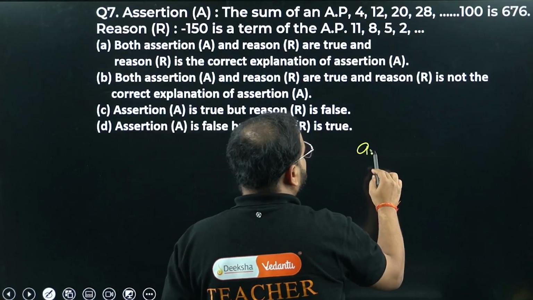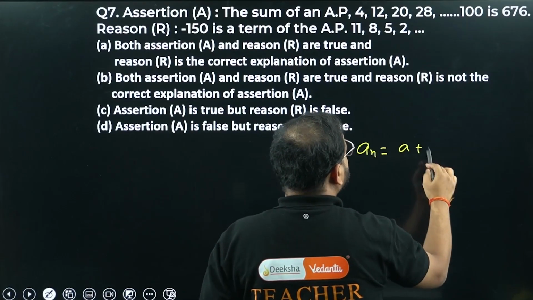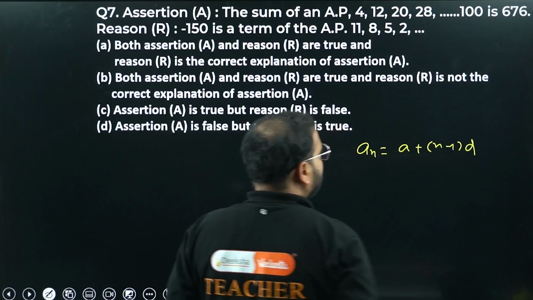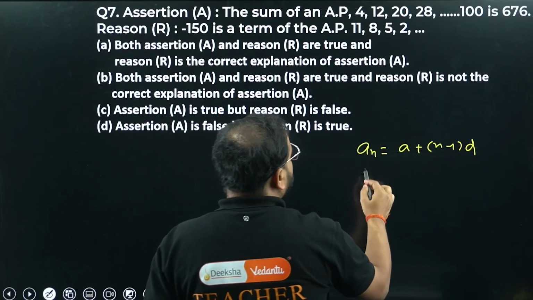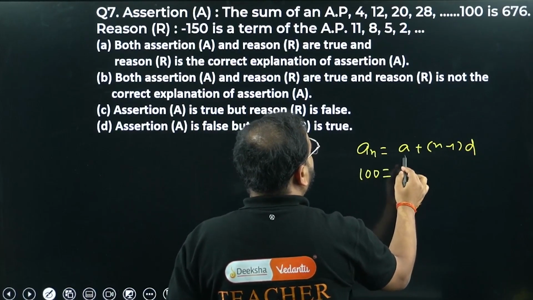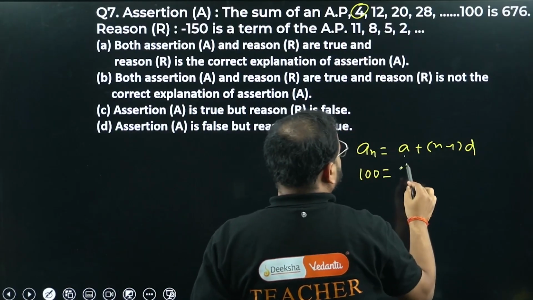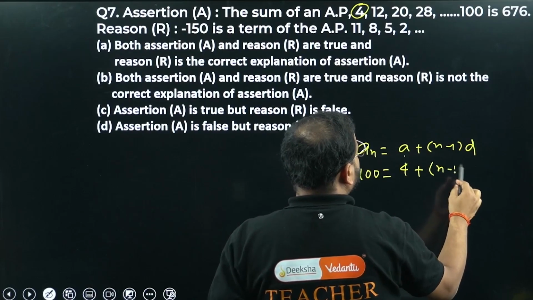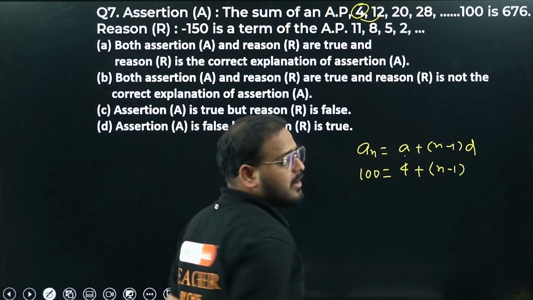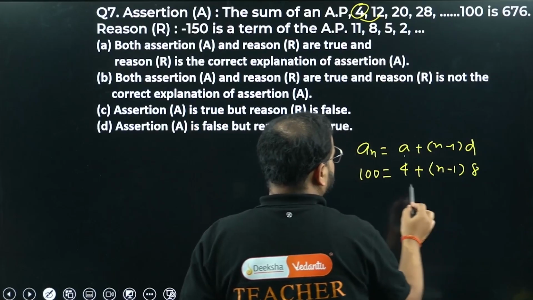Find it. So an equals a plus n minus 1 times d. Check what an is going to be: 100. What is the first term a? 4. And d is 8, from 4 to 12 plus 8. Bring this 4 on this side.